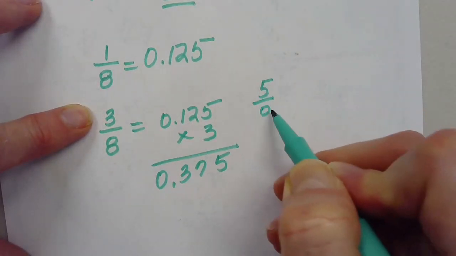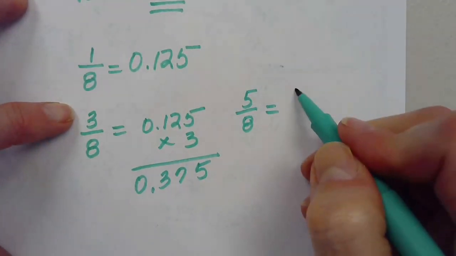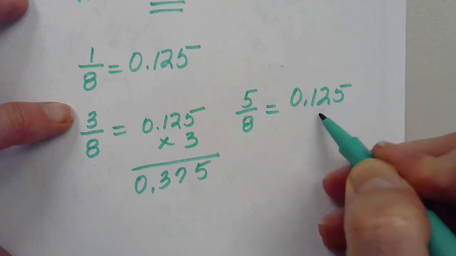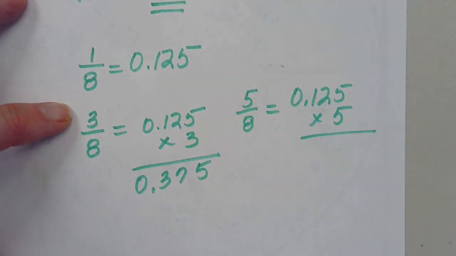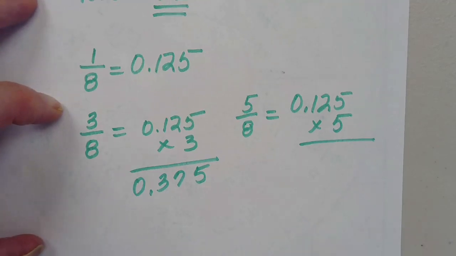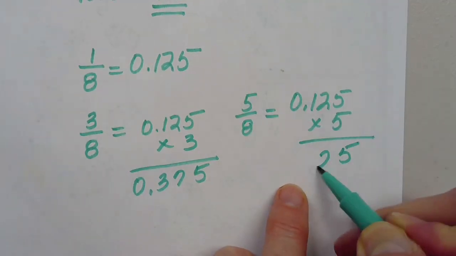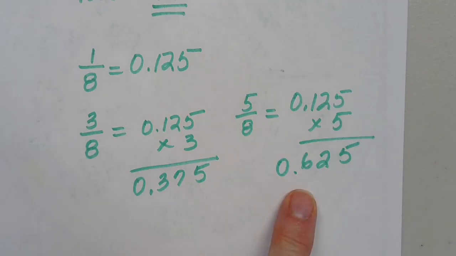What about 5/8? What could I do? So take 125 thousandths times 5 instead of dividing 8 into 5. You'll get the same answer. This is just a little bit faster. There's your answer, using multiplication.